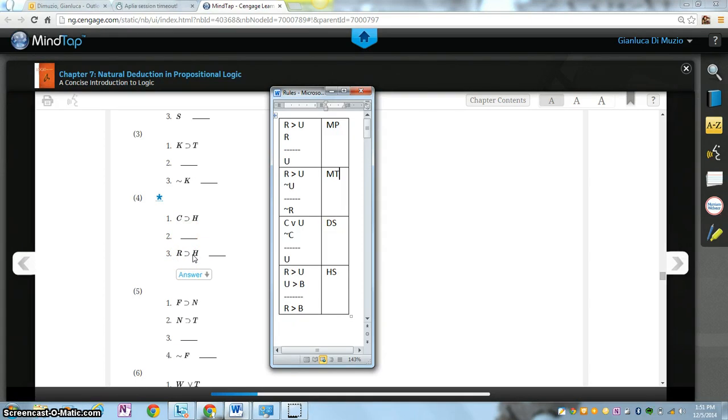Hypothetical syllogism allows you to put together two conditionals so that you end up with a third conditional that has the antecedent of one of those two conditionals and the consequent of the second.